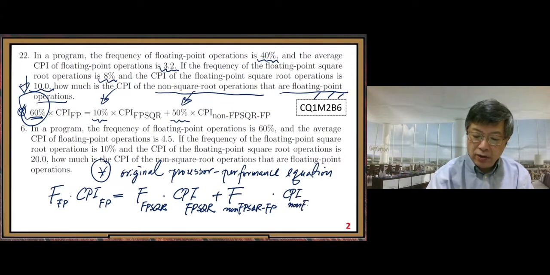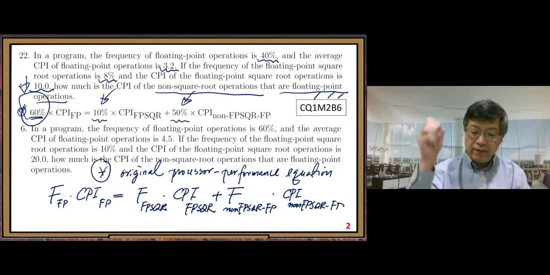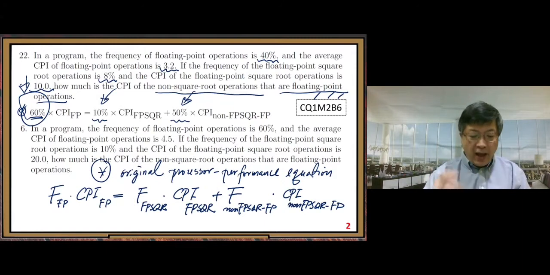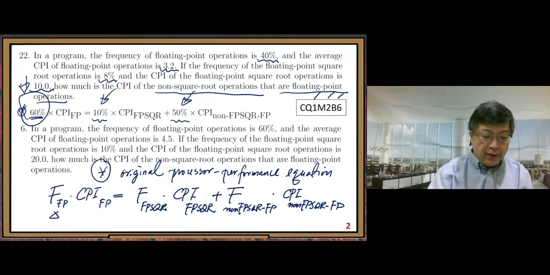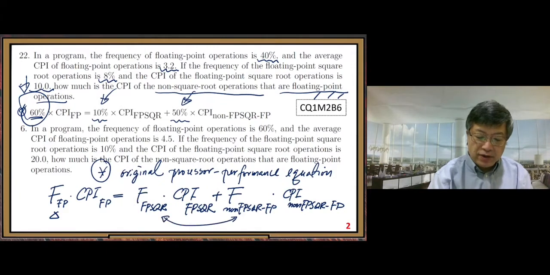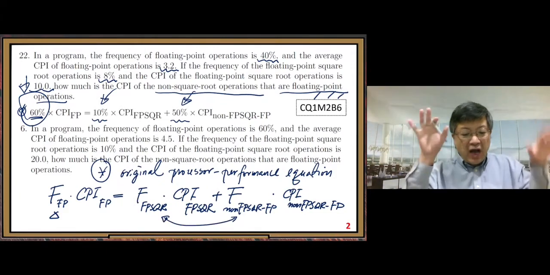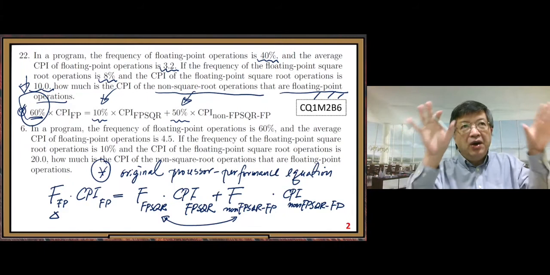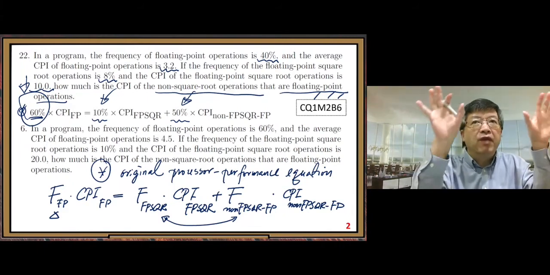The name is a little long. In this way, the frequency of FP equals the sum of these two frequency numbers. Then both sides, you are looking at the same group of operations.